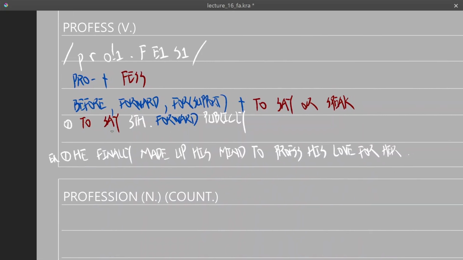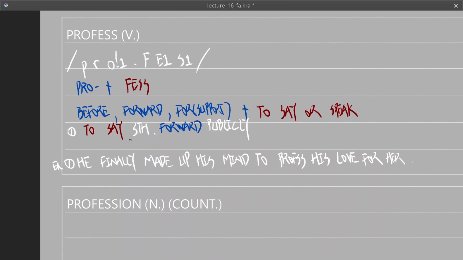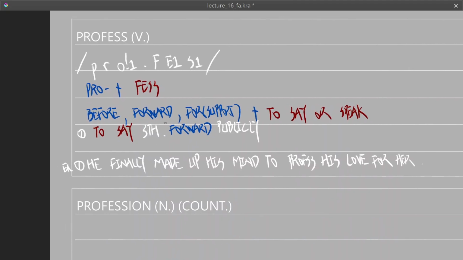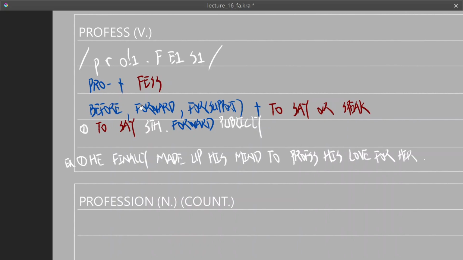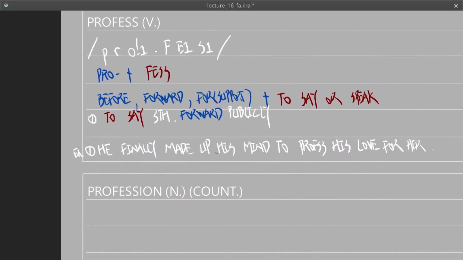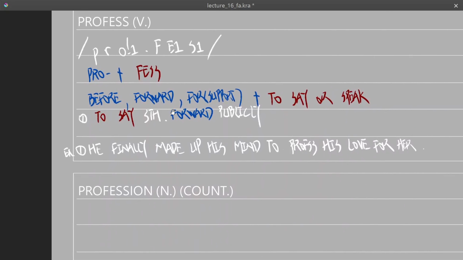Let's say to say his love publicly towards someone. So profess his love for someone.